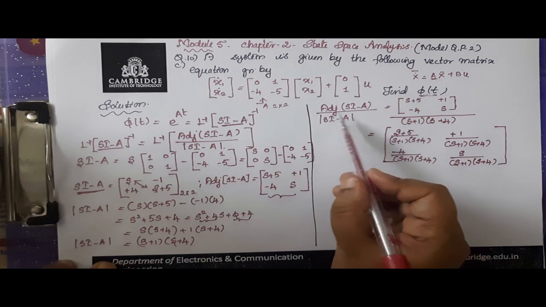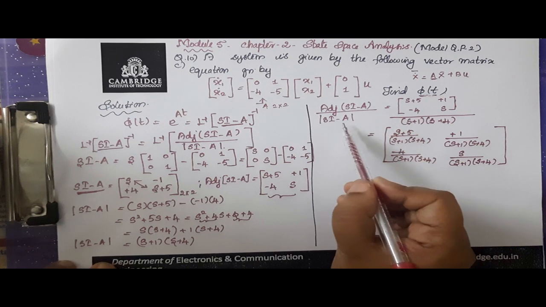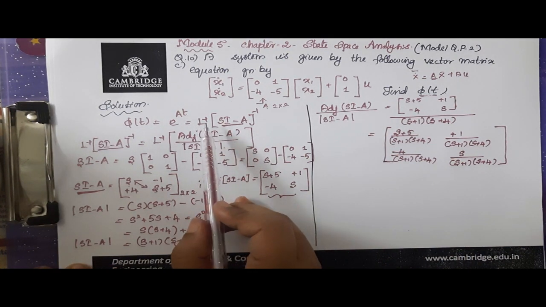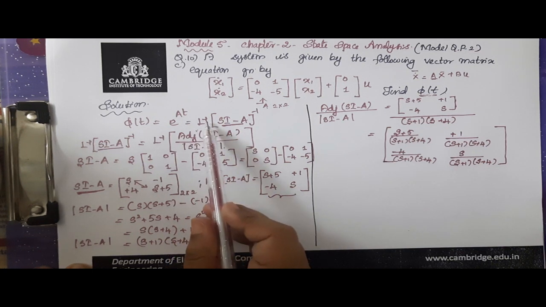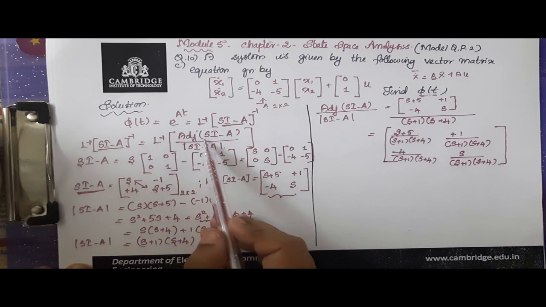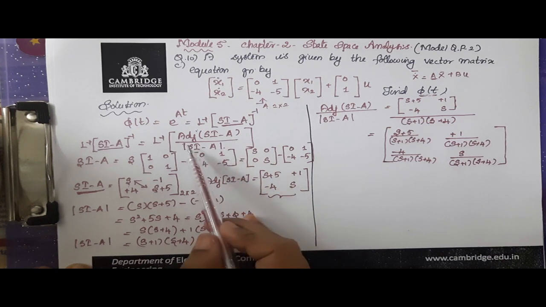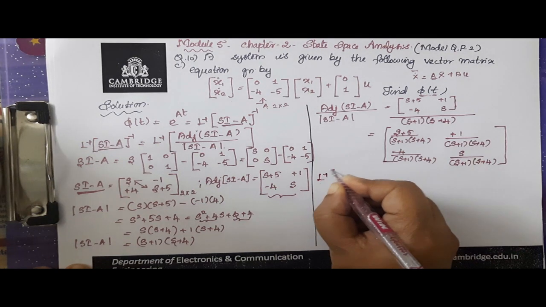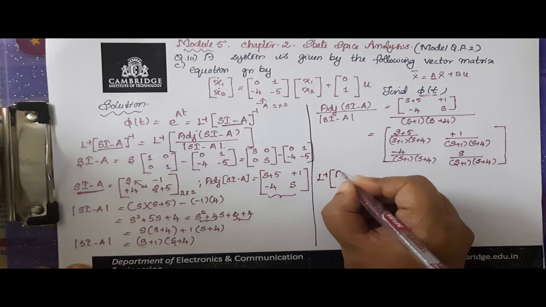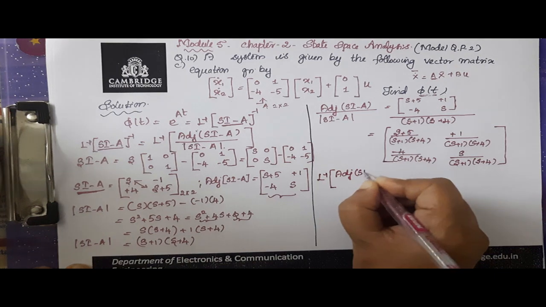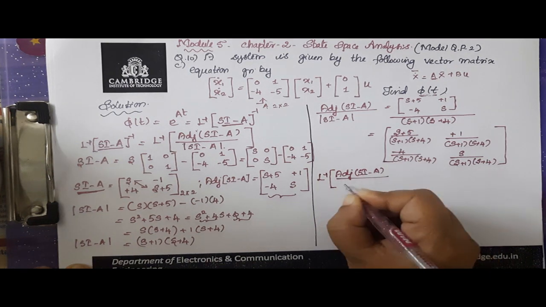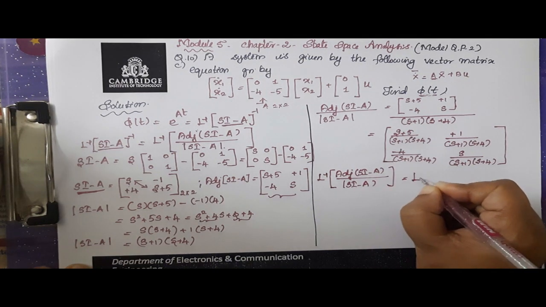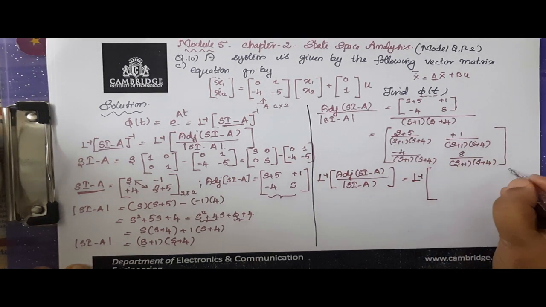Once after finding adjoint of SI minus A divided by determinant of SI minus A, the next step is to take the inverse Laplace transform of adjoint of SI minus A divided by determinant of SI minus A, which is given by inverse Laplace transform of the terms.